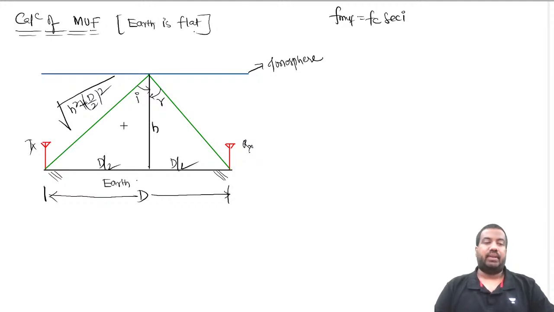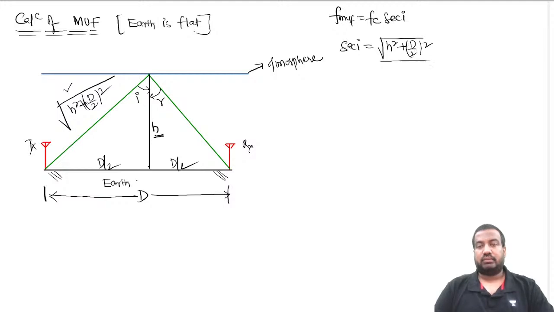Here, if you apply cos i, adjacent side by hypotenuse, secant i is hypotenuse by adjacent side. Taking under root h square common, will come out as h.